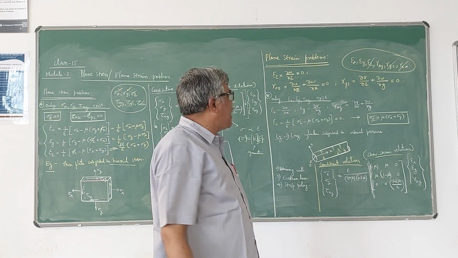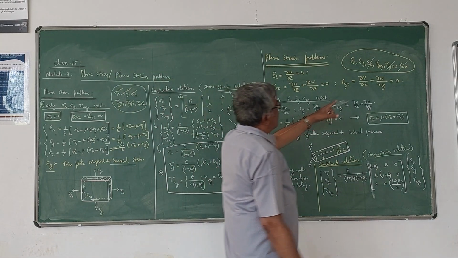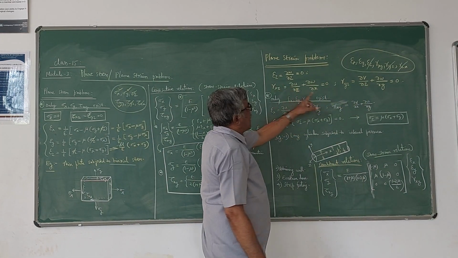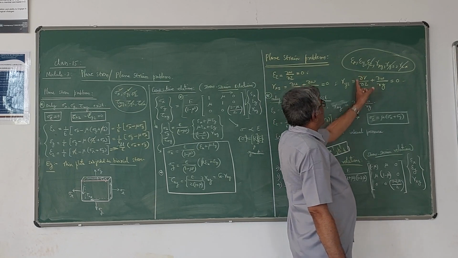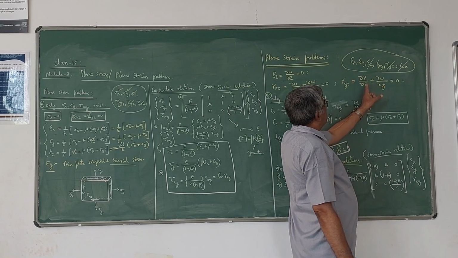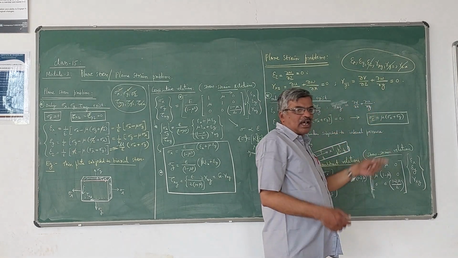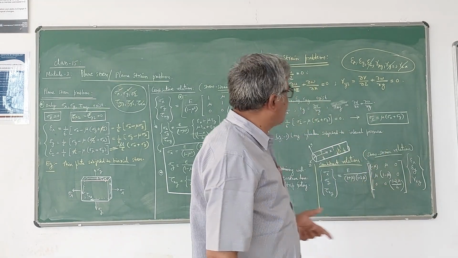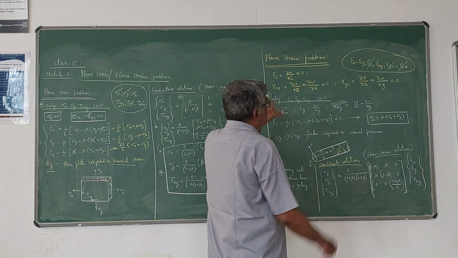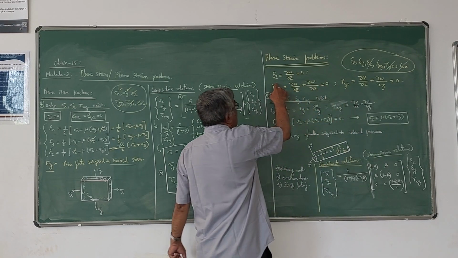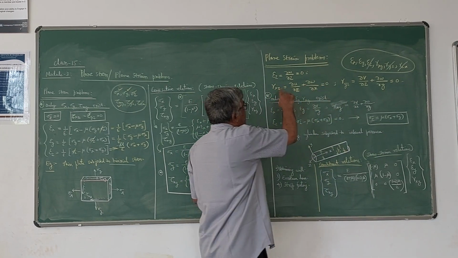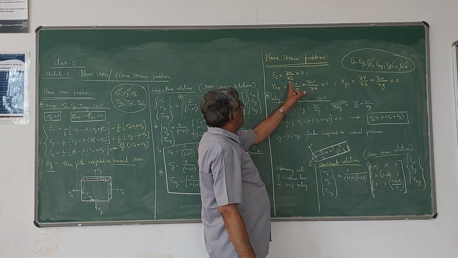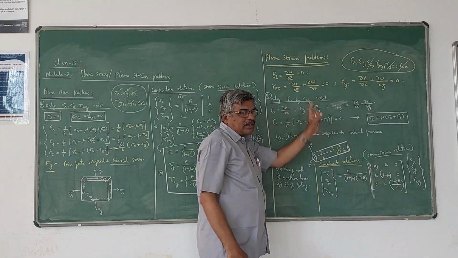Similarly, gamma yz is equal to 0. The definition of gamma yz is dou v by dou z plus dou w by dou y. All these I have explained in the last lecture; you can go through that. That will be 0 here. And gamma xz will also be 0. Gamma xz is dou u by dou z plus dou w by dou x, which is also 0.